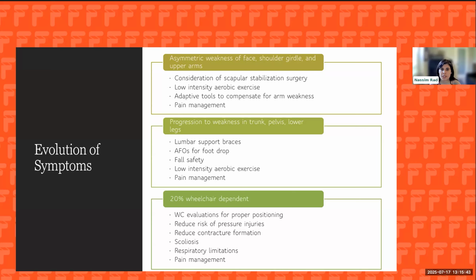We need to make sure that your positioning in the wheelchair isn't contributing to contracture formation. We know that once we're in a sitting position, scoliosis can worsen. Our pelvic obliquity can change because now we're constantly in hip flexion. As our disease progresses into wheelchair dependence, we also see more patients with respiratory involvement, just because it's a more aggressive form of the disease. And so we want to make sure that we're monitoring for that as well, and the ongoing theme of pain management.